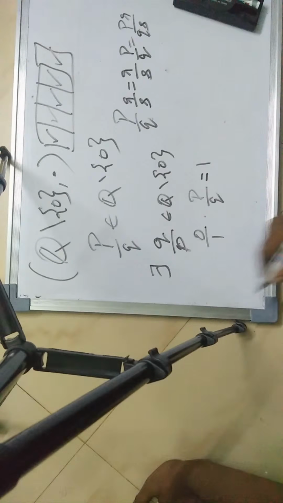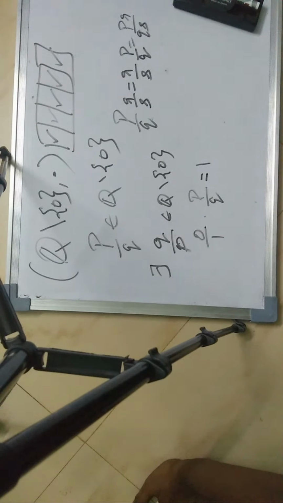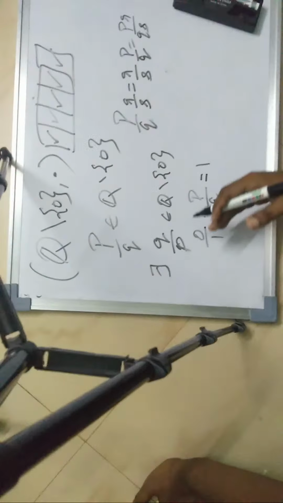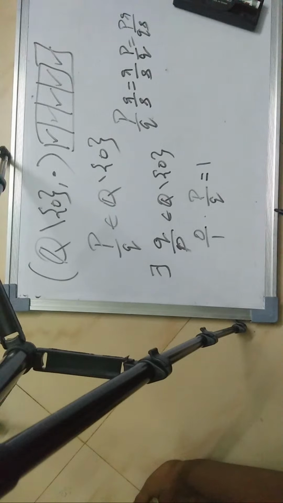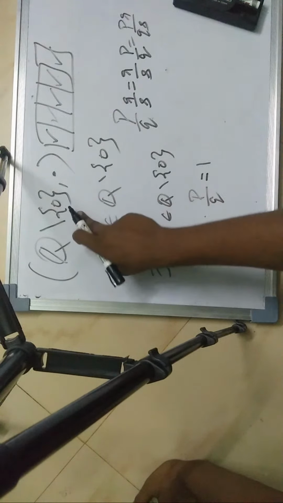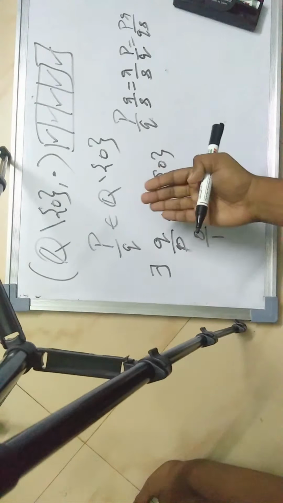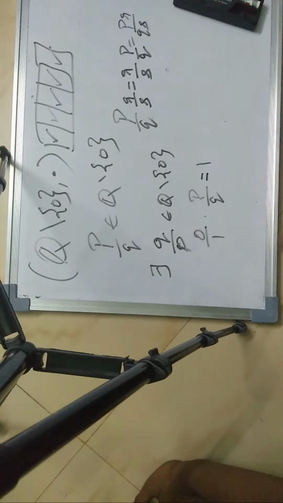Obviously, the left hand side is 0 and the right hand side is 1. You cannot find an element for which LHS is equal to RHS. So, whenever you have a 0 here, it does not satisfy the given axiom, and hence we remove 0 and try to make it a group. So, the set of all non-zero rational numbers under multiplication will form a group.